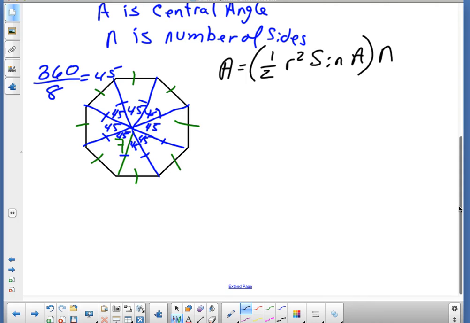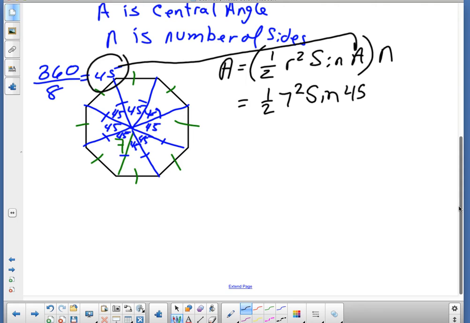Now, once we do that, we have 1/2 R squared, it's like we're pirates, right? 7 is our R here. 7 squared, sine of A, we found A is 45. Times, how many sides do I have? How many triangles am I finding the area of? 8 of them. Pop that in your calculator right now.